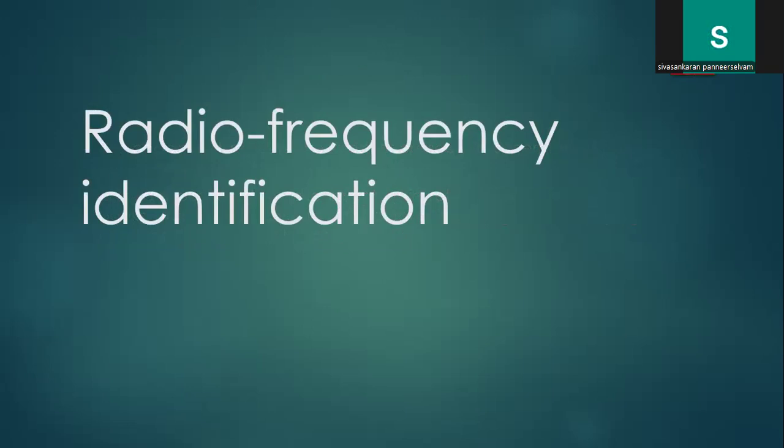The next technology is the radio frequency identification system. Why is radio frequency identification considered to be the most widely used technology compared to the traditional barcode? In barcode technology, there is one disadvantage: capturing the physical image of the object is a distance constraint.